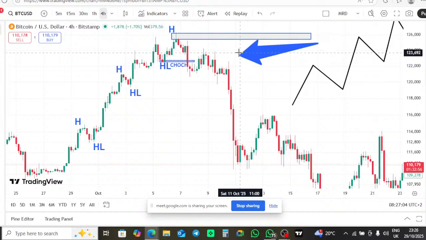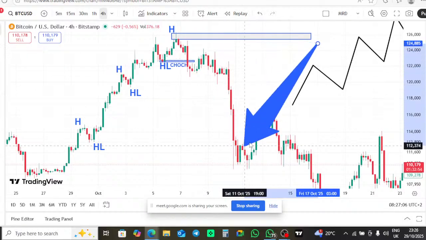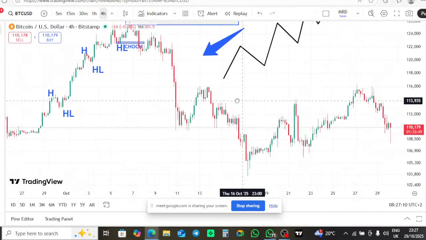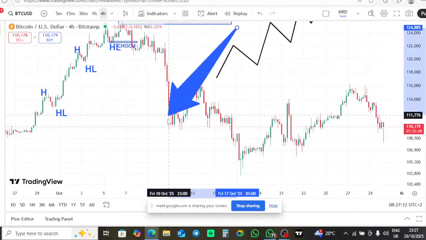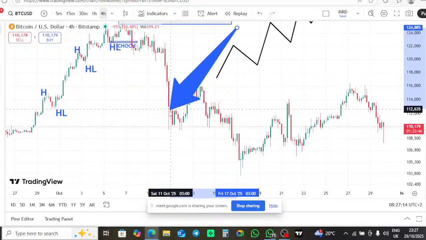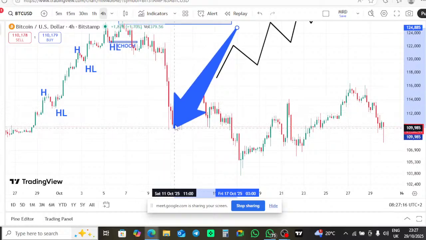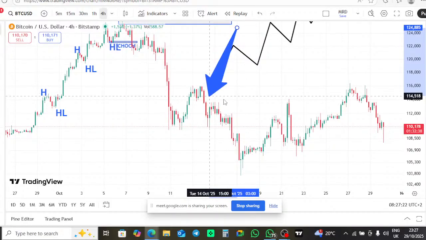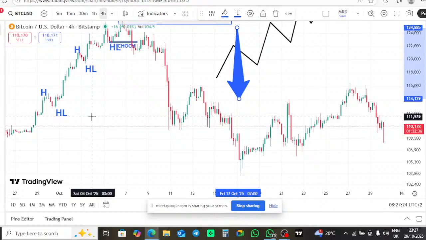And now, this is the downtrend. You can see, from there, it started dropping down automatically. Then from there, it stabilizes here, then it went up again. By moving up, it is forming what we call the lower high.